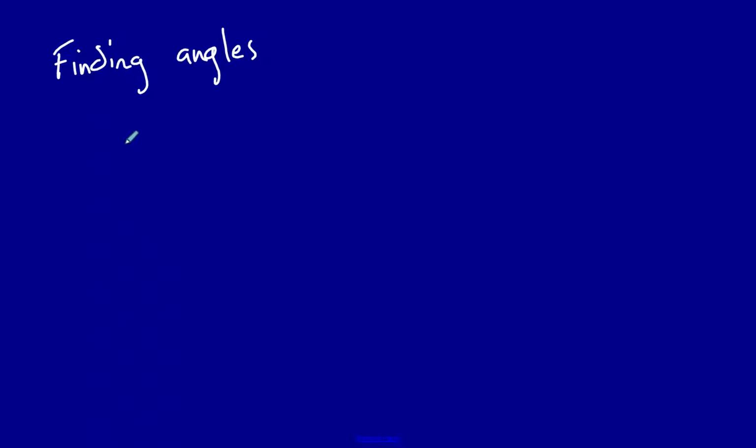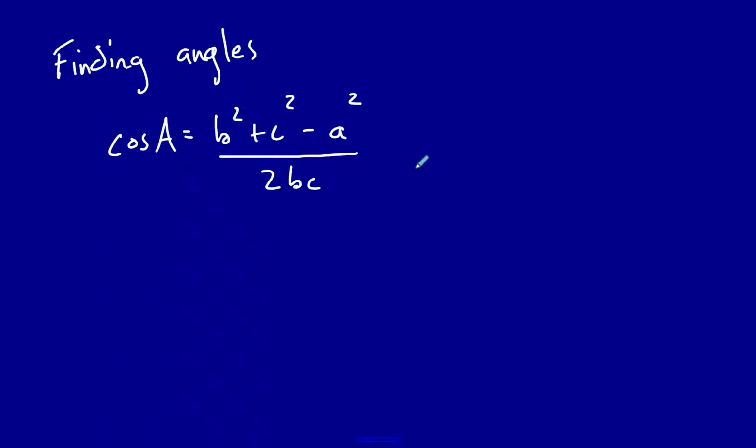But just to take away the mystery here, it's going to be cos of A is equal to B squared plus C squared minus A squared all over 2BC. Now, again, there's multiple ways to write this. So either you label the triangles the way you want, or you can look at them like this.